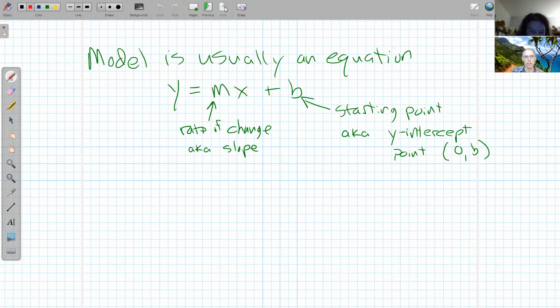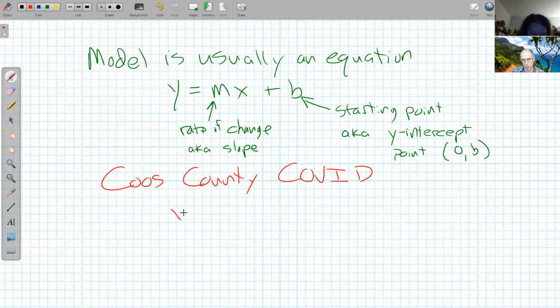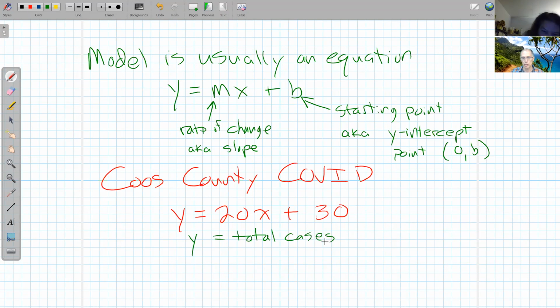So for the Coos County COVID data, I could say that y equals 20x plus the starting value of 30. And a reminder of what my x and y are: y is the total cases in Coos County, and x is the number of months after May.